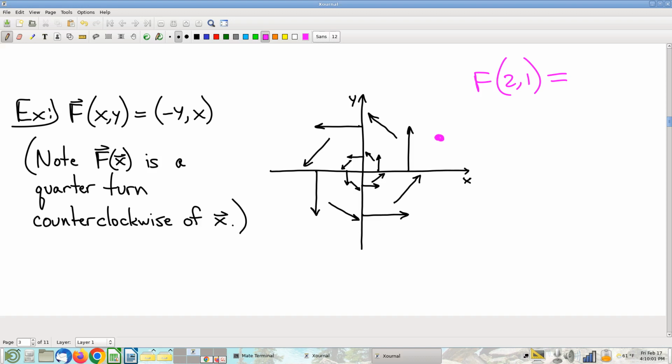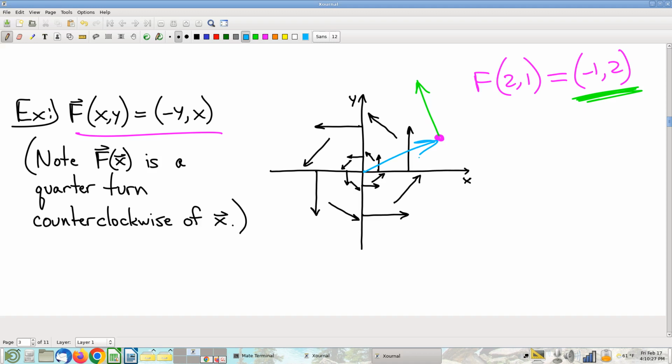According to this formula, the field vector would be -1, 2. And -1, 2 is about like that. And notice, as I had claimed, the position vector and the field vector are rotations of each other.